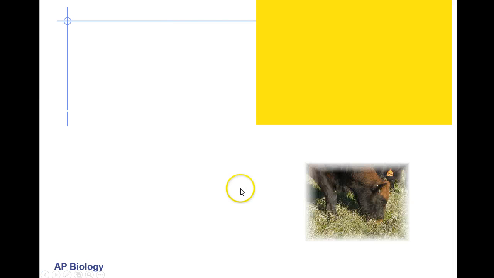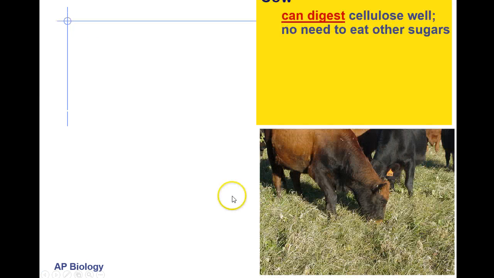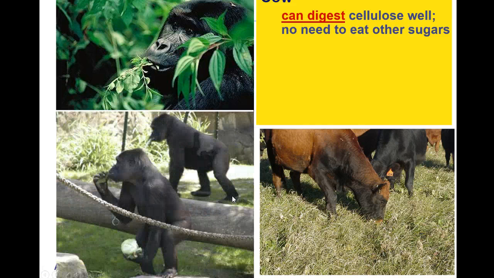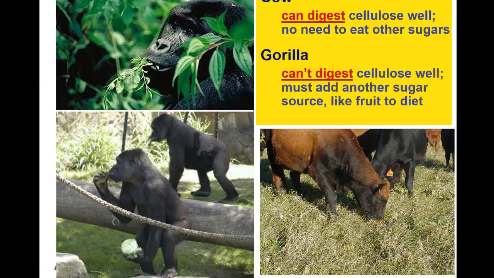A little help from our bacterial friends. If we were to examine the gorilla feces here, they're not as good at digesting cellulose, so we would find a lot of roughage, I guess, in their feces left over.